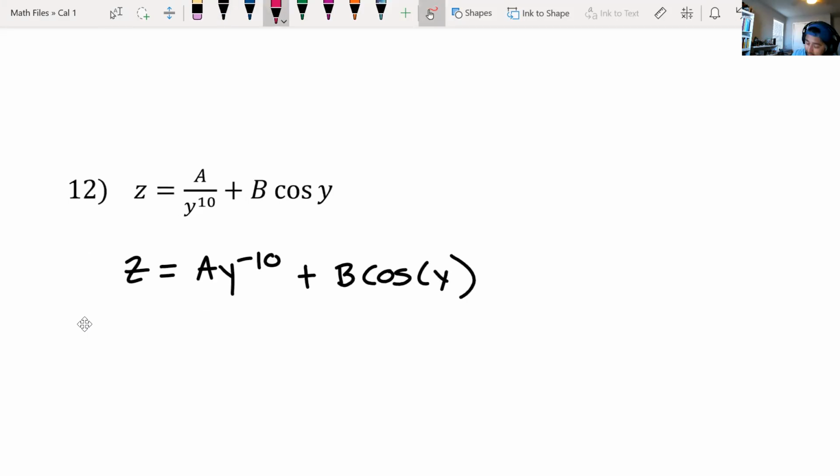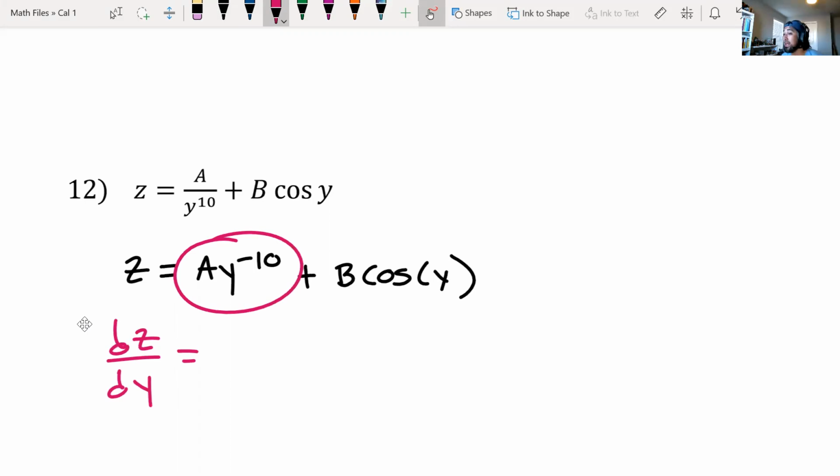And again, a play on notation, I'll say the derivative of z with respect to y, dz over dy. What is the derivative of a times y to the -10 going to be? Just treat a as any normal constant or coefficient in this case. So what would we have? Negative 10a to the power... remember, you go more negative. To the power -11. There you go.